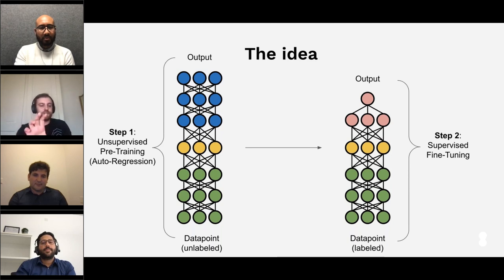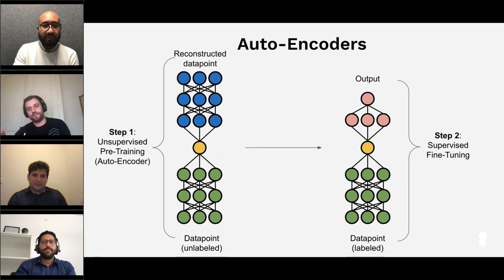In this first stage, we really only care about training the green and the yellow part. The blue part we are going to throw away because we just need it for this pre-training. How specific this pre-training looks will be clearer in the next two slides, but for now, just bear with me.